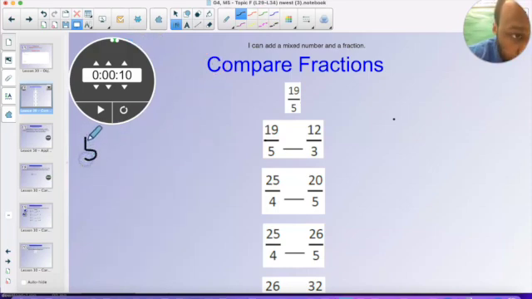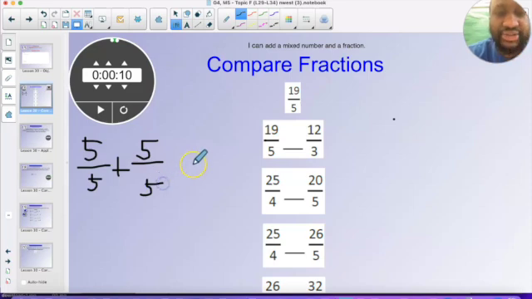So 5 fifths. You should be writing this down as I'm writing it. So 5 fifths equals 1 whole. If I add another 5, 5 plus 5, that would be 10 fifths. I can add another 5 fifths.